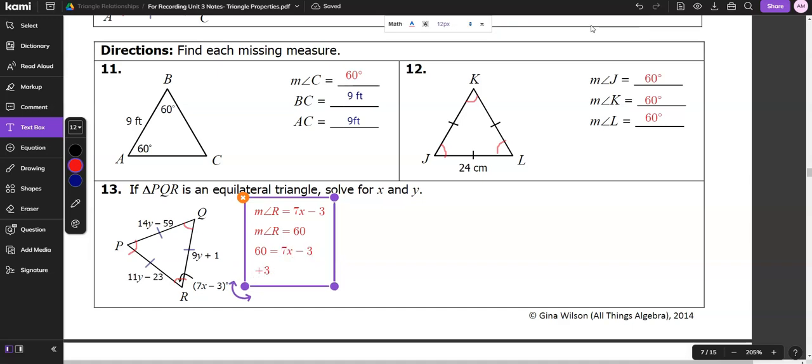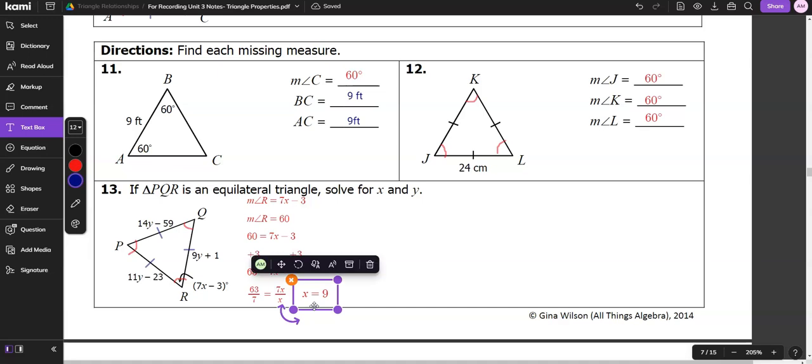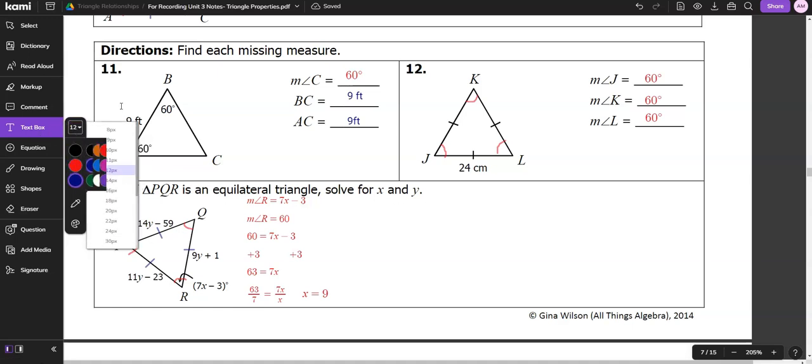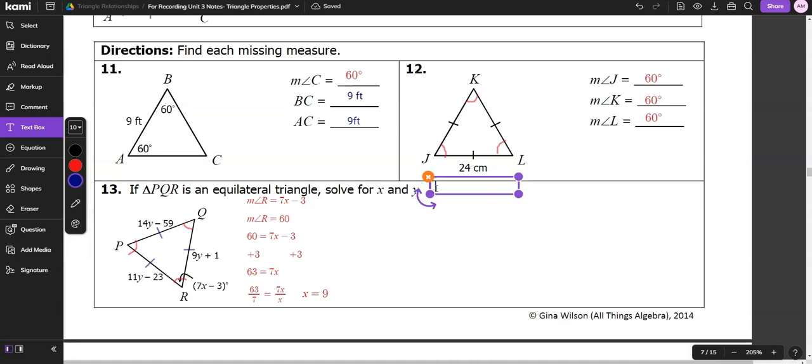And add 3 to both sides, which will give me that 63 is equal to 7x. And that gives us x equals 9. So how to solve for y? Well, if this is an equilateral triangle, then we know that each of the sides are congruent.